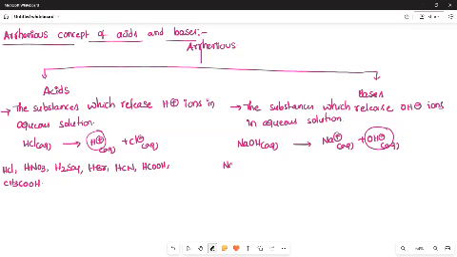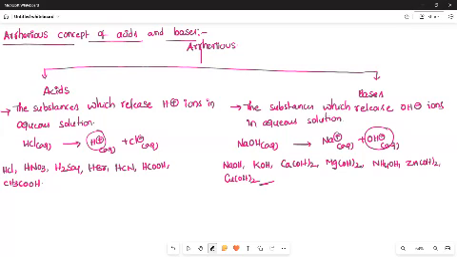Bases also include caustic soda NaOH, caustic potash KOH, lime water calcium hydroxide, milk of magnesia Mg(OH)2, ammonium hydroxide NH4OH, calamine zinc hydroxide, and malachite Cu(OH)2. The only thing common to all these is OH minus.